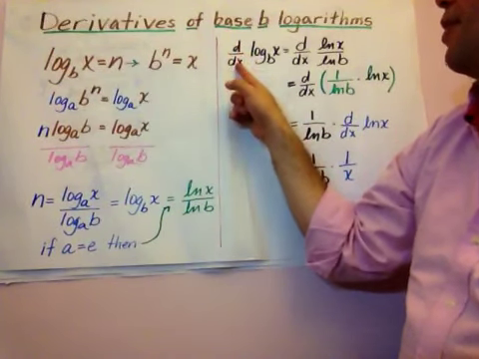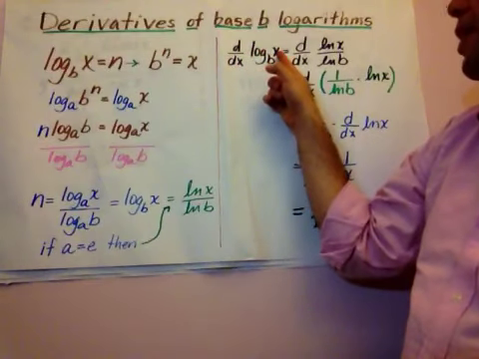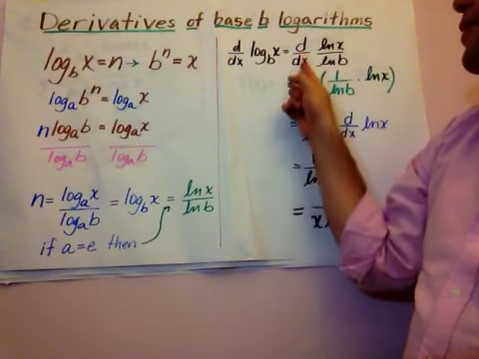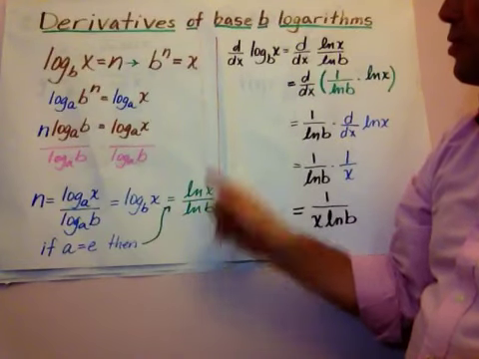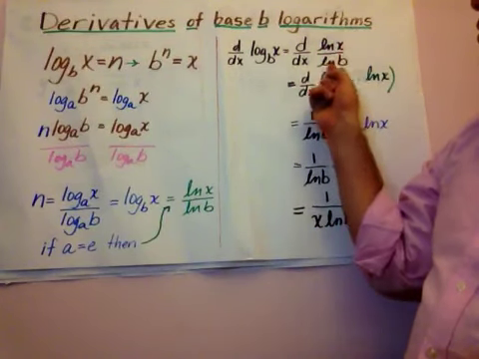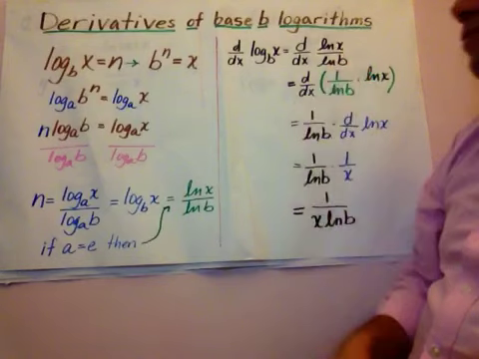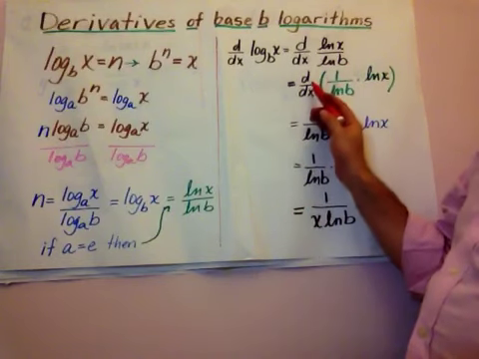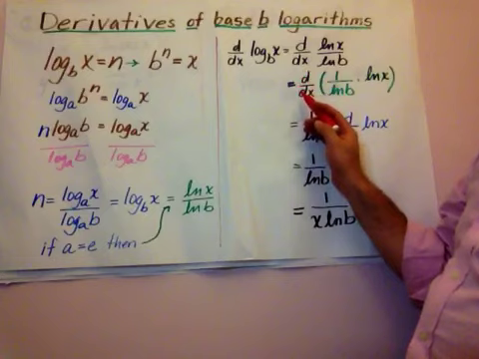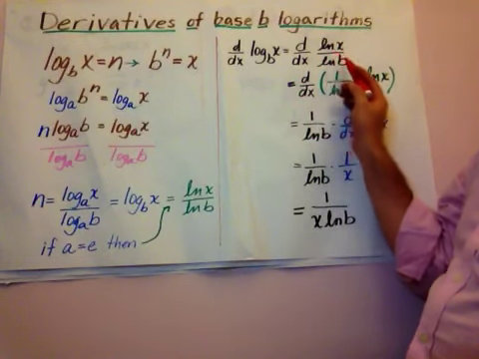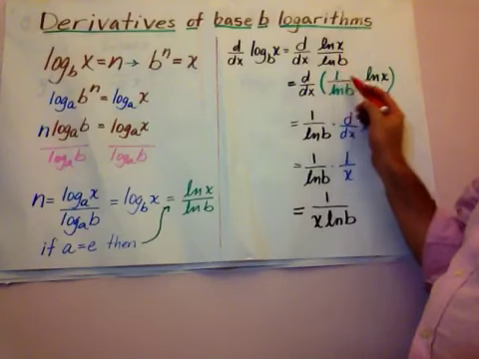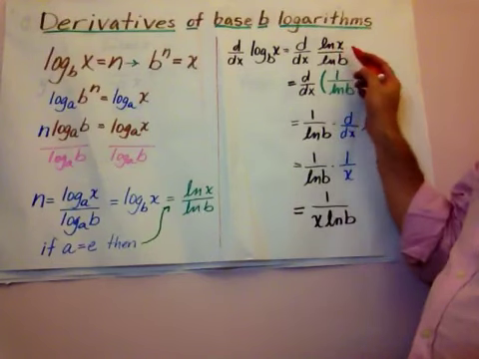So we have the derivative of logarithm base b of x is the derivative of this expression: natural logarithm of x over natural logarithm of b. So we're going to get the derivative. ln of b is a constant. So we can rewrite it as 1 over ln of b times ln of x.